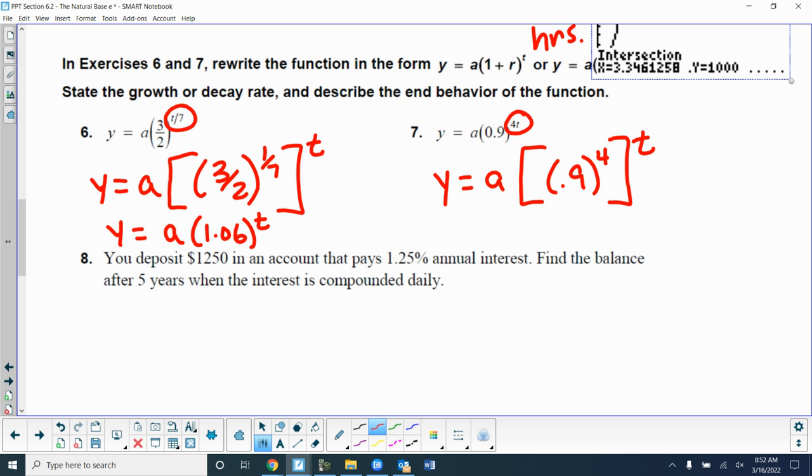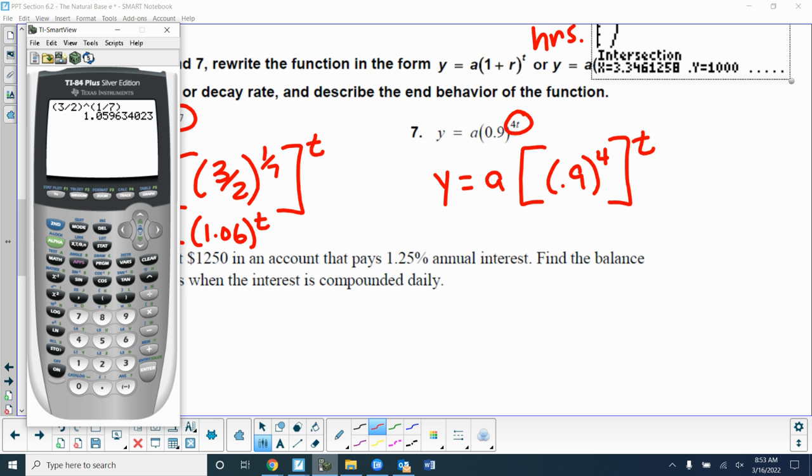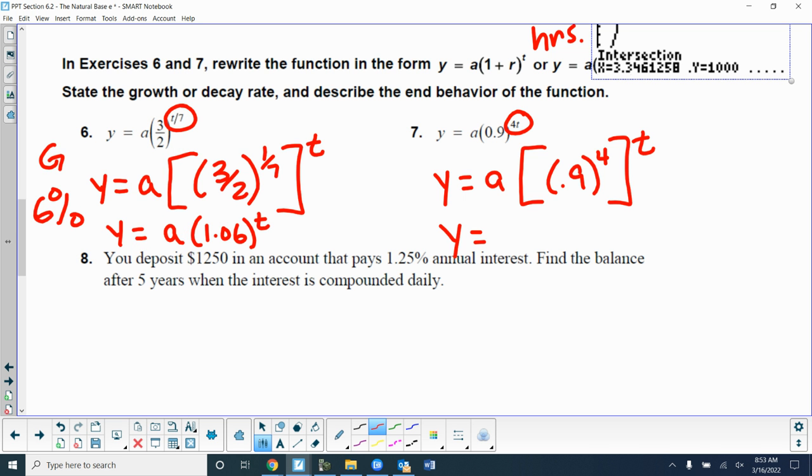What's the growth rate? 0.06, so that's 6%, right? We good on that? All right, the other one, we go 0.9 to the 4th. That's 0.656, or let's just do 0.66. Oh, we were supposed to write this with 1 plus r, right? So we were supposed to do 1 plus 0.06.